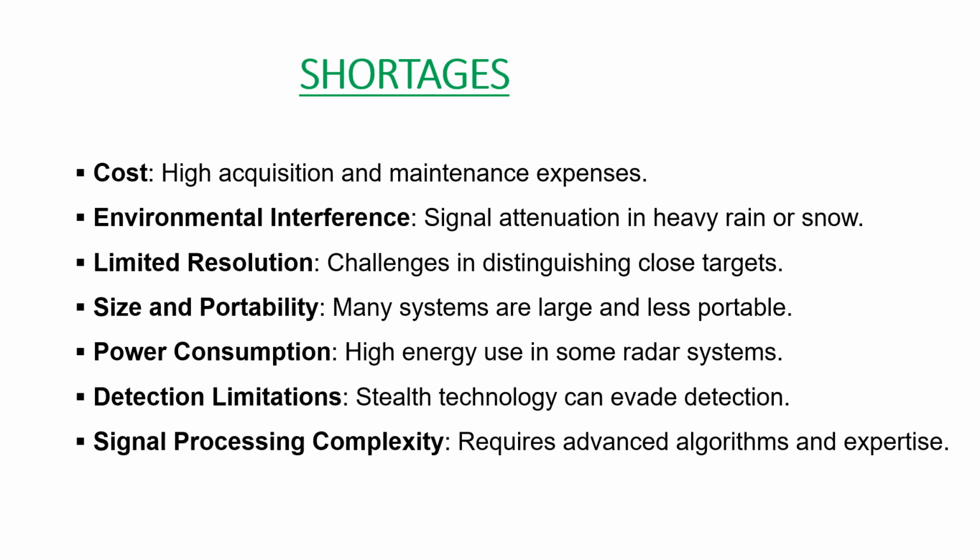There is limited resolution also. Size and portability is also a big factor for installation. Also, the power consumption is very high for radar systems. Detection limitations are also there, like the new stealth technologies which can evade detection, and signal processing complexity is also there. You require advanced algorithms and expertise for the signal processing.